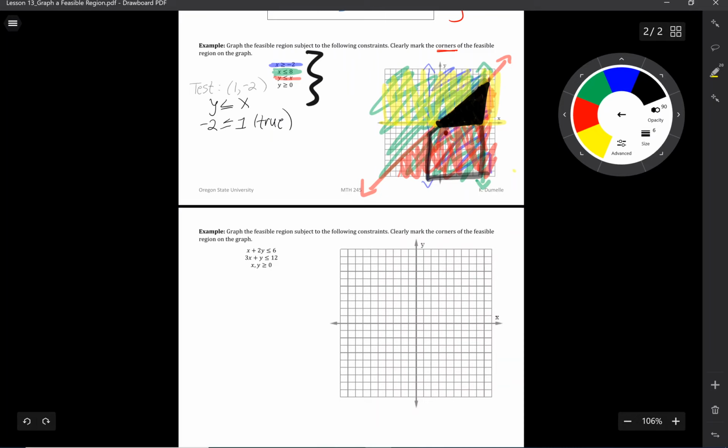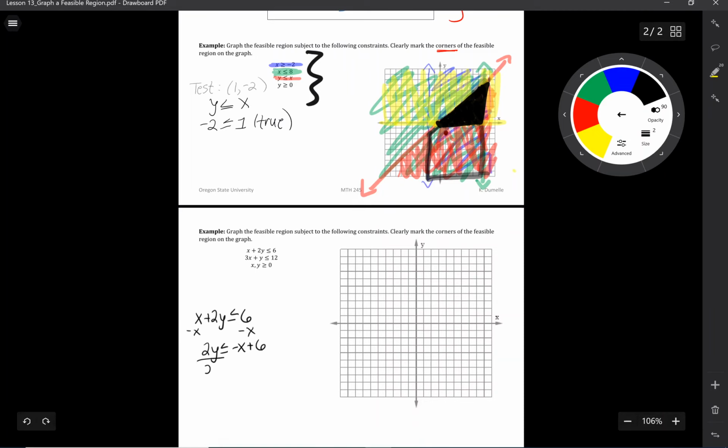So my first equation is x plus 2y is less than or equal to 6. Well, I need this in y equals mx plus b form so that I know how to graph it. If I subtract x from both sides, I get 2y is less than or equal to negative x plus 6.